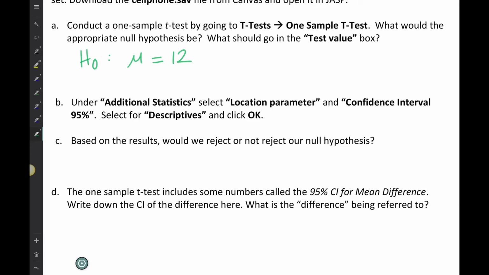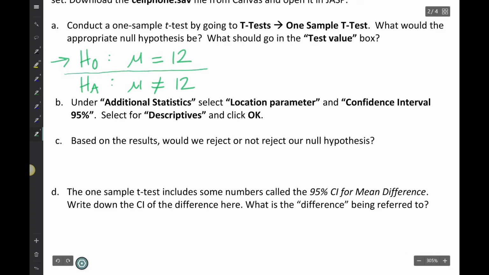The alternative then is going to be the mean is not actually equal to 12. It's equal to something else, right? Maybe slower, maybe faster, but it's not 12. So based on our results, would we reject or not reject the company's claim that it takes on average 12 seconds to download a typical song in Los Angeles?